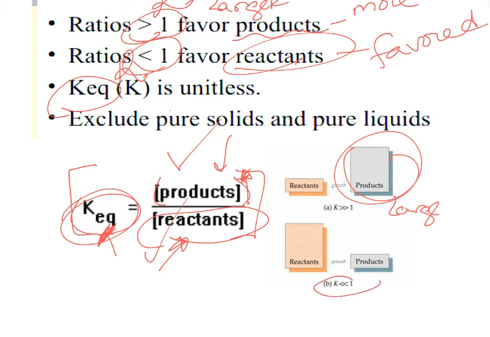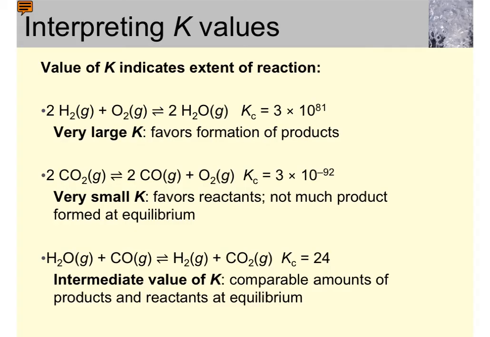If K is small, particularly less than 1, that means that not very many products are present at equilibrium. So bottom line, what does a very large or very small K value tell us about the reaction? It tells us about the extent of reaction. How far to completion can we expect reactants to take us at equilibrium?